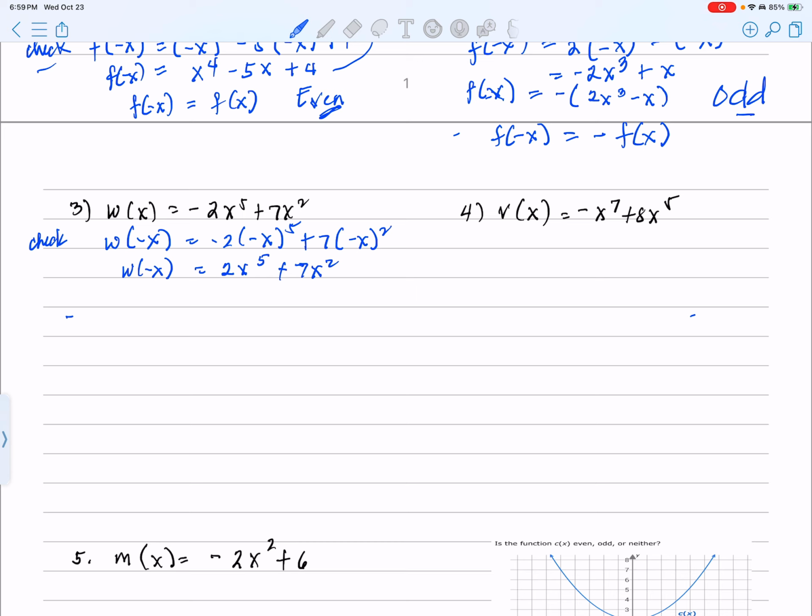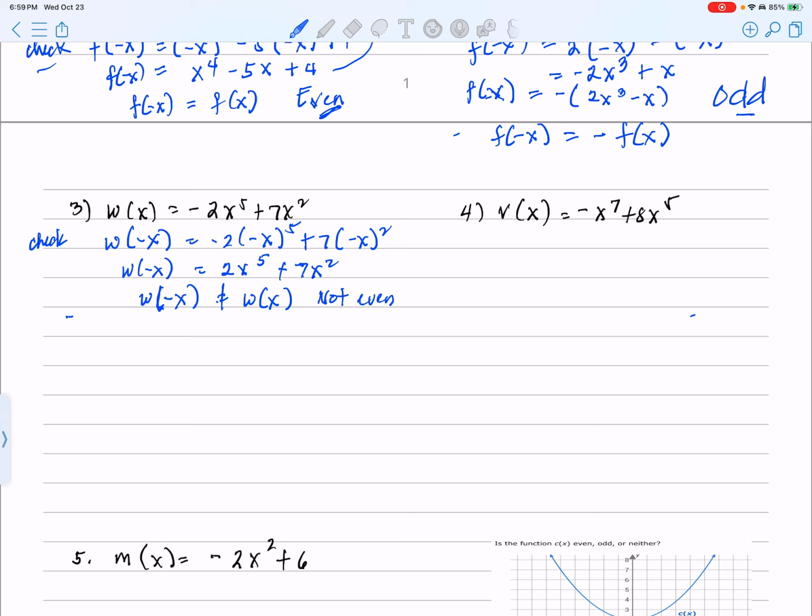Our given function is negative 2x to the fifth, whereas w of negative x is positive 2x to the fifth. So we could tell that w of negative x is not equal to w of x. Okay, so this is not even.